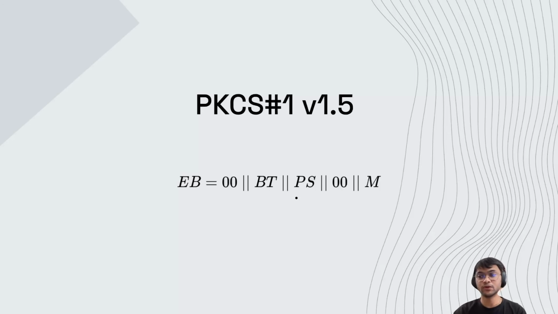In PKCS 1 version 1.5, every RSA encrypted message is wrapped inside a special encryption block called EB. This block ensures that the raw message is both of the right size for RSA and is padded in the right way that it's hard to tamper with. Let's understand what this block is made of.